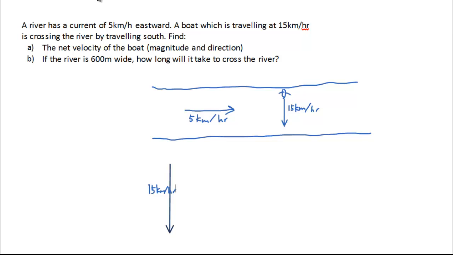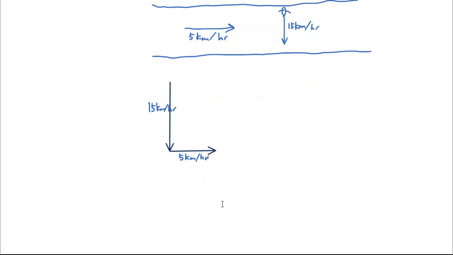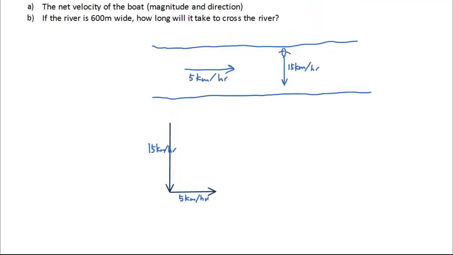And then we also have the vector added onto it, which is going directly east at 5 kilometers per hour, which is the current. You can do this either way. You can either draw the 5 kilometer per hour east first and then add on the 15 kilometers per hour downwards, or you can do it this way. It should give you the same resultant vector, which is this line here. That is the result.